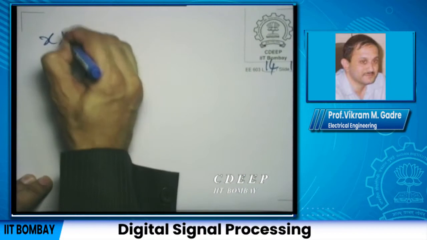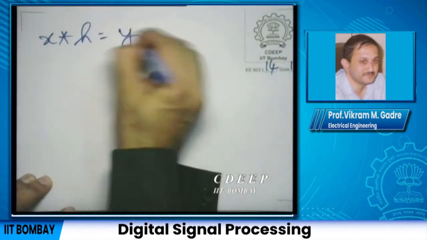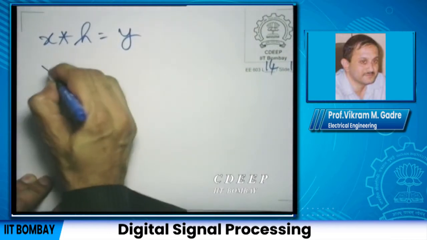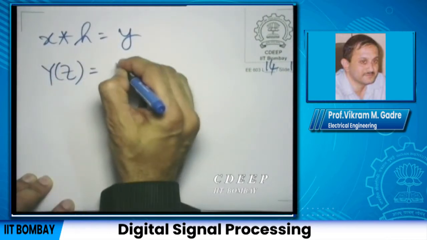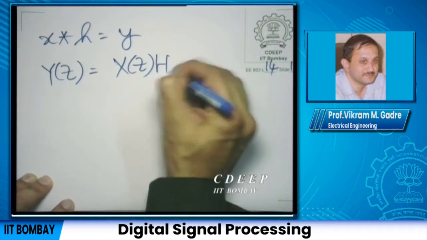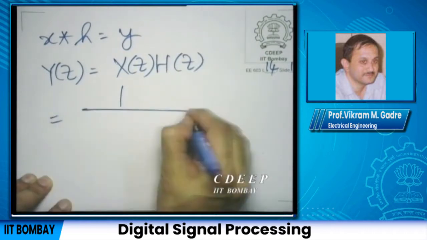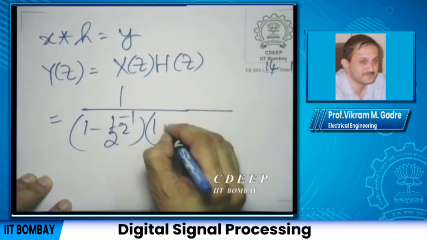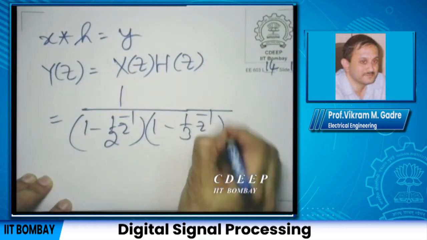But that apart, the sequence gives us a stable LSI system for the impulse response, and x convolved with h, which is y, has the z transform y z given by x z h z, which is 1 by 1 minus half z inverse into 1 minus 1/3 z inverse.